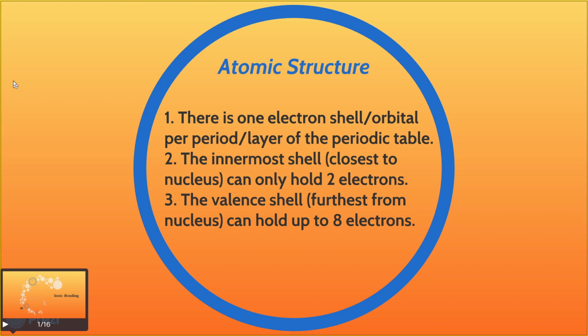The notable exception is hydrogen. Since it only has 1 electron and only 1 energy level, it will only gain 1 electron and have 2 total electrons. That's the only notable exception I want you to take note of.